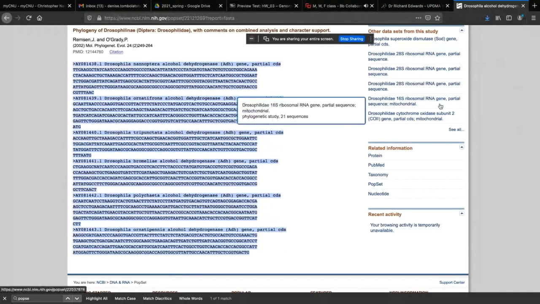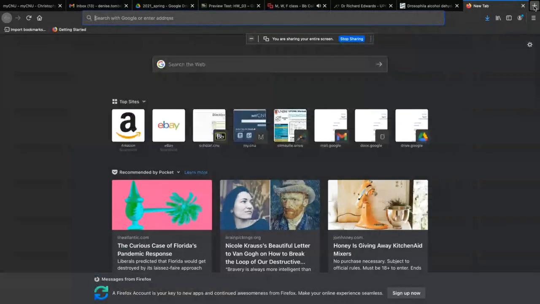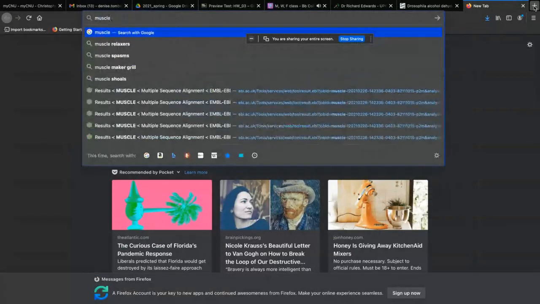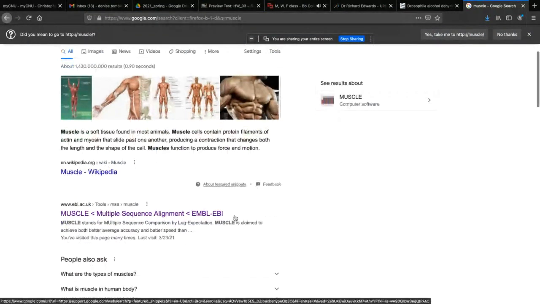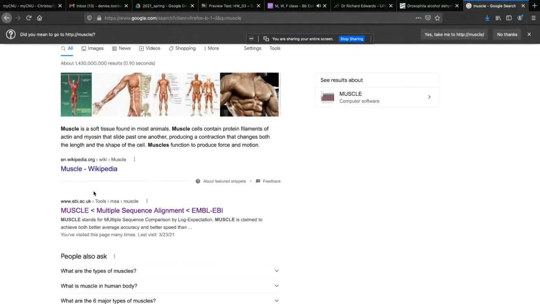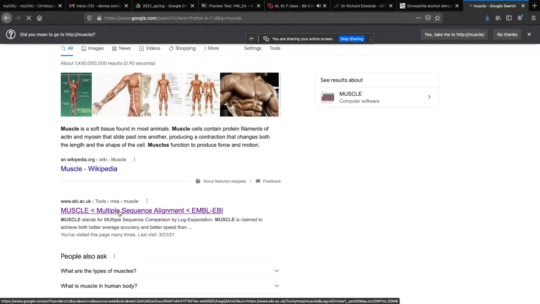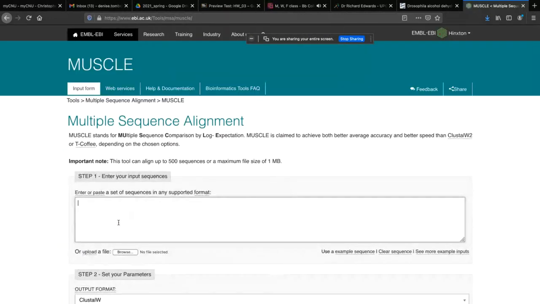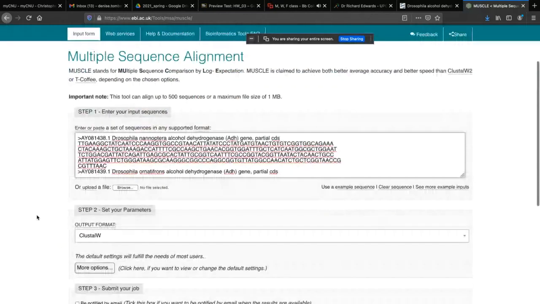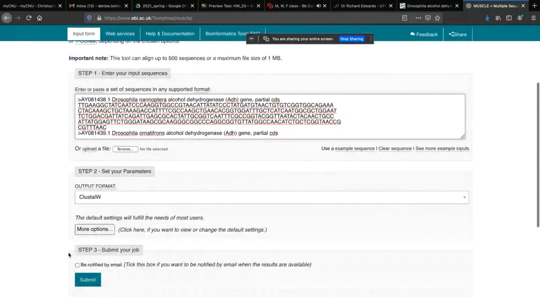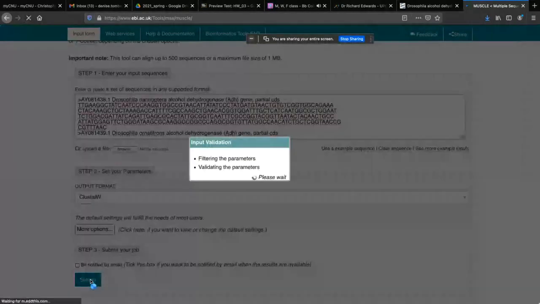So I said to use specifically MUSCLE, because I guess when I did Clustal, it came up with a different tree, and then the answers wouldn't make sense. All right, so I'm going to paste the sequences I just copied, and I don't have to change anything else here, and run.